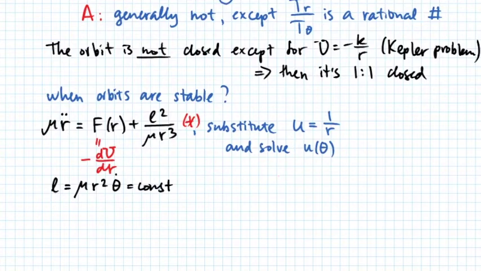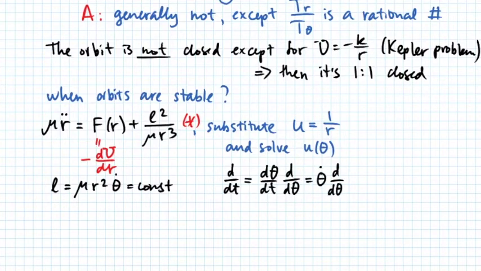To do so, let's first write the time derivative operator. We can write it in terms of d theta/dt and then d/d theta, or it's going to be theta dot d/d theta.